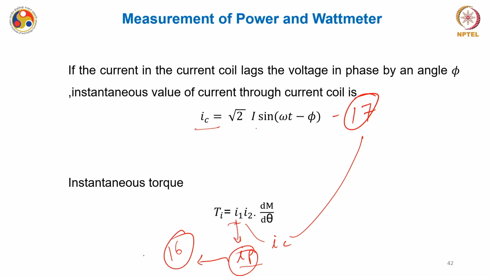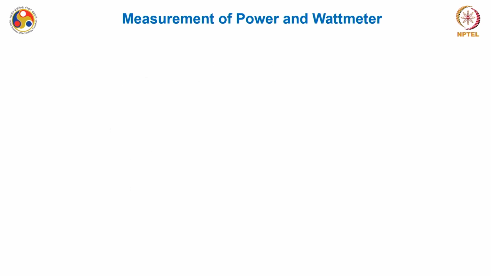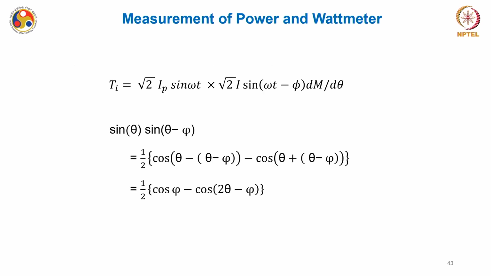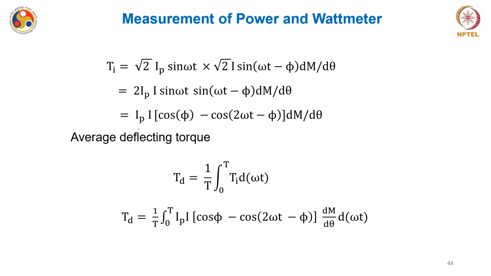If we put these values in this equation, we get Ti equal to root 2 Ip sin omega t into root 2 I sin of omega t minus phi into dM by d theta. If I simplify this, Ti is equal to Ip into I, cos phi minus cos of 2 omega t minus phi, into dM by d theta.